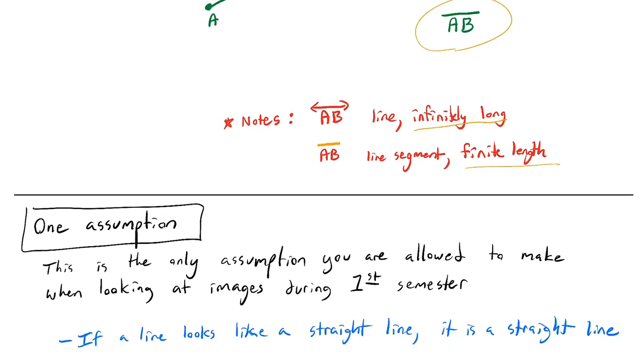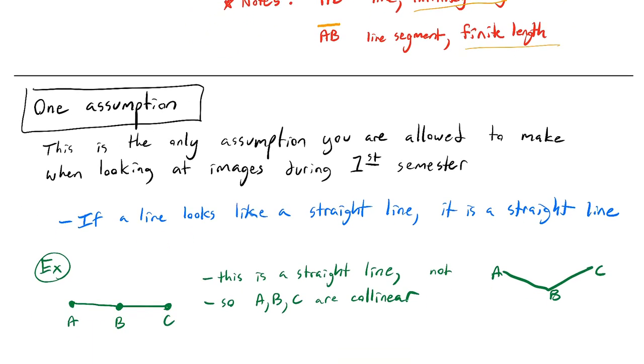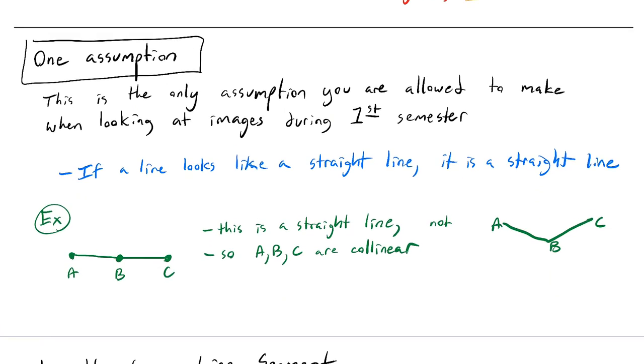All right, now also as we start to do examples, we're allowed to make one assumption when we look at pictures, and too often people make many assumptions, and that's what leads to really failing in geometry as a whole, because this is the study of logic, deductive reasoning. How can I get from A to B, from B to C, from C to D, and chain together this logic without making logical skips and leaps and bounds where I'm skipping over important steps that may or may not be valid, and then I end up at some invalid nonsense, right?